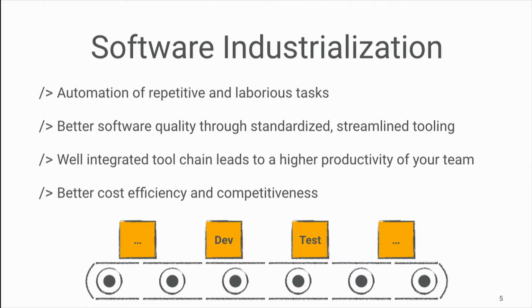Better software quality in the end is one big goal of software industrialization, and you achieve this via standardized and streamlined tooling. I always compare this to a conveyor belt. When Henry Ford started to produce cars, at some point he realized that he needed to change something to get more output out of his factories. So what did he do? He introduced the conveyor belt and a standardized process: first the chassis, then you insert the doors, then the bonnet, and then you insert the engine.